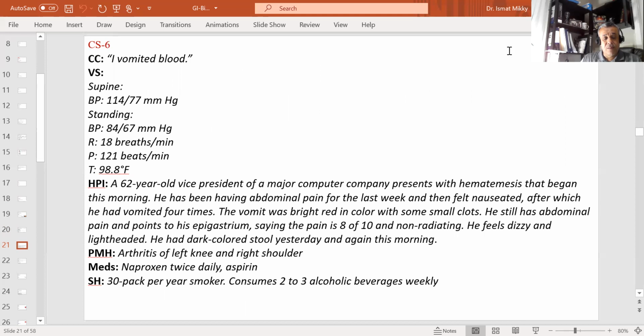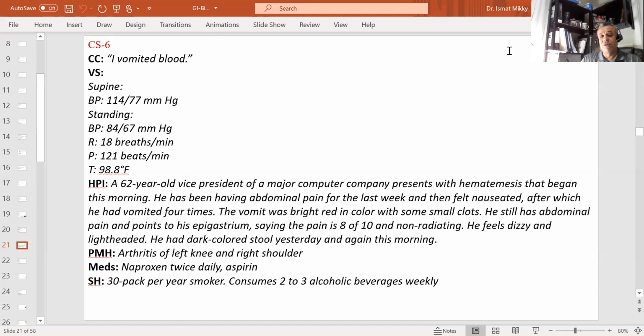Next is the case study of upper GI bleeding. Blood pressure. So the patient had hematemesis. Vomited blood means hematemesis.